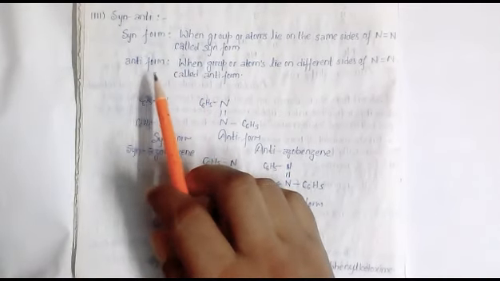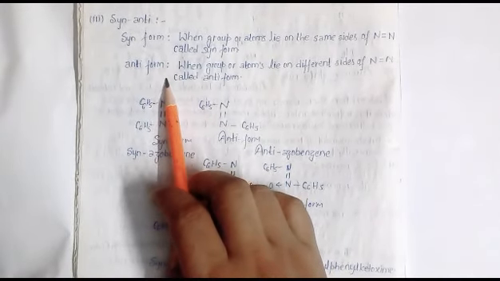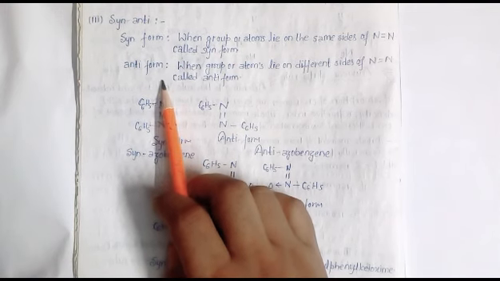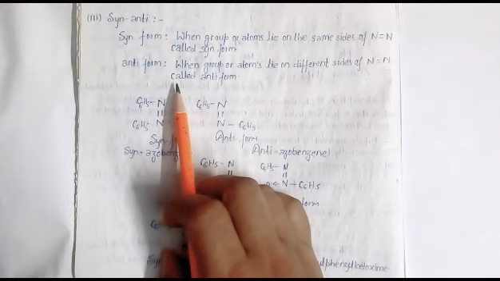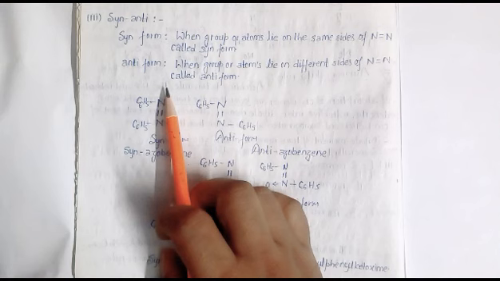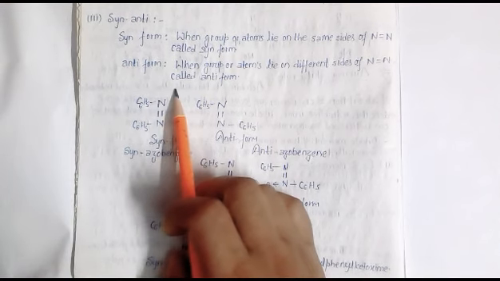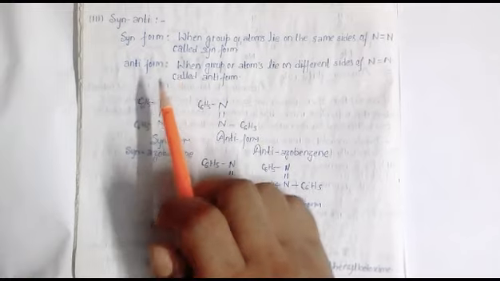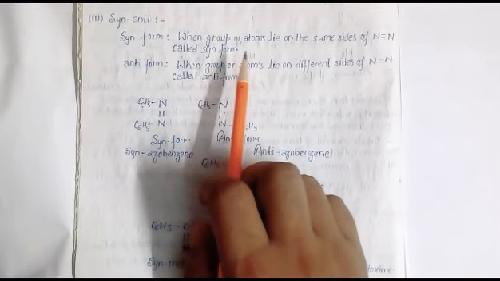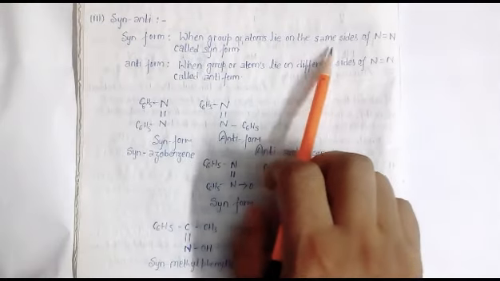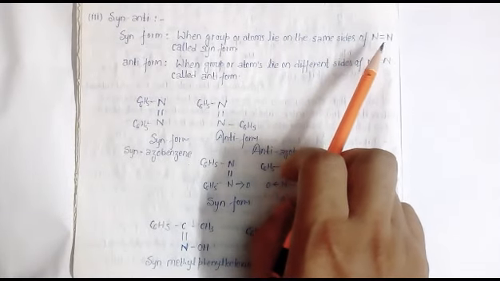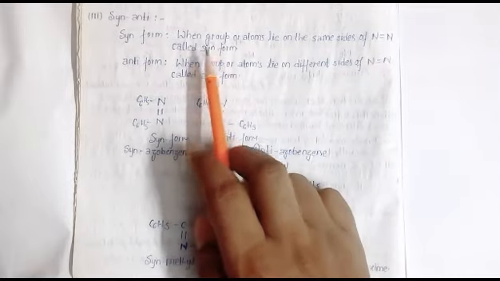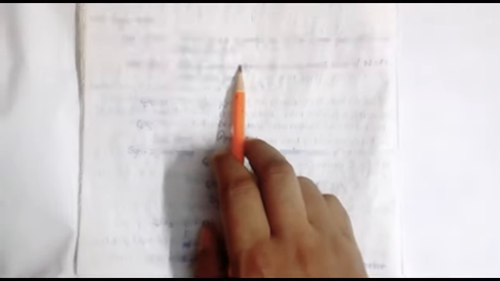Syn anti-isomerism has two forms. One is called syn form, another one is called anti form. As we already discussed, syn anti-isomerism arises between doubly bonded nitrogen atoms as well as doubly bonded carbon and nitrogen atoms. It means like in azo group, like in cyanide form, etc. Syn form is when atoms or groups of atoms lie on the same side of doubly bonded nitrogen atoms or doubly bonded nitrogen and carbon atoms, and this is equivalent to cis form.